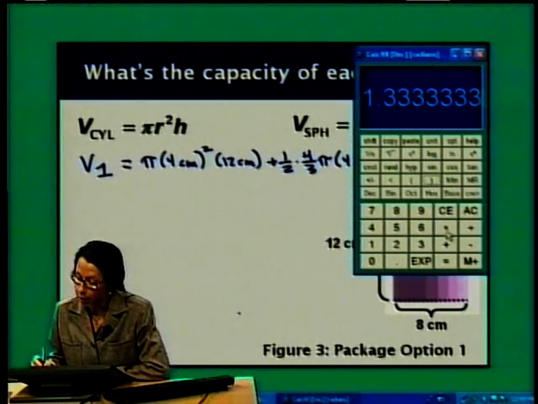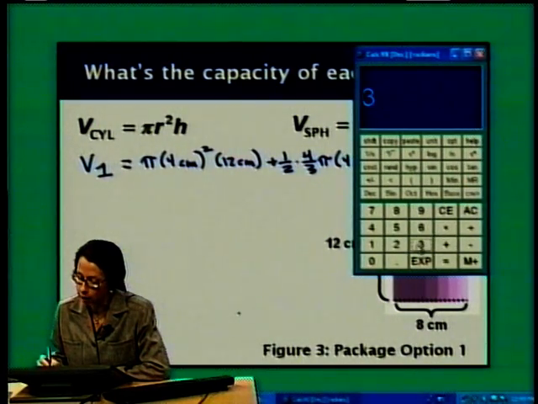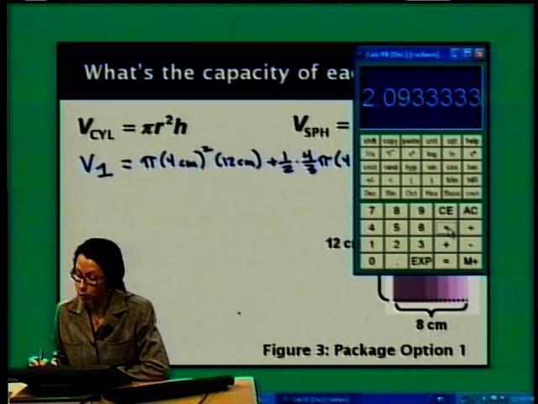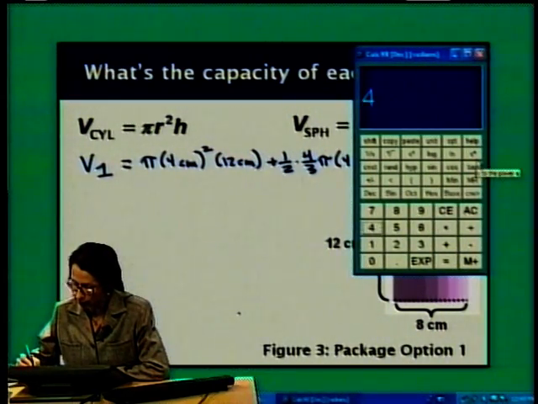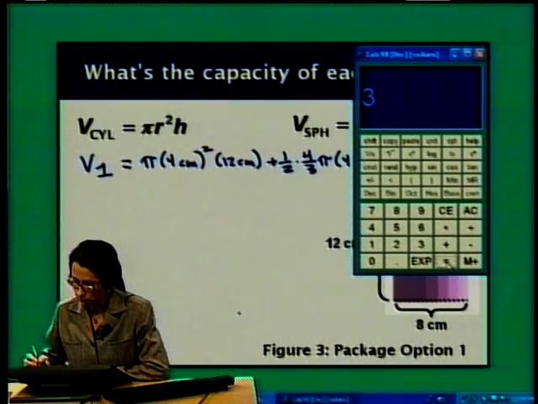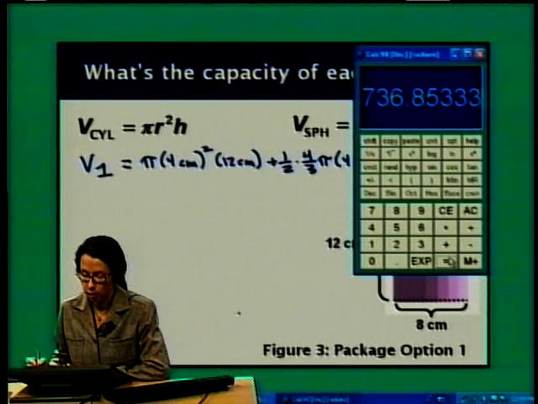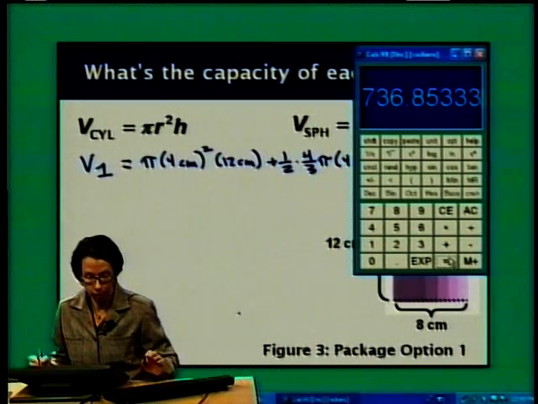Now I'm going to multiply that by my approximation of pi, 3.14, and finally multiply that all by the radius cubed. I have a key here, x to the a, so I enter my power, and I get about 737 cubic centimeters.